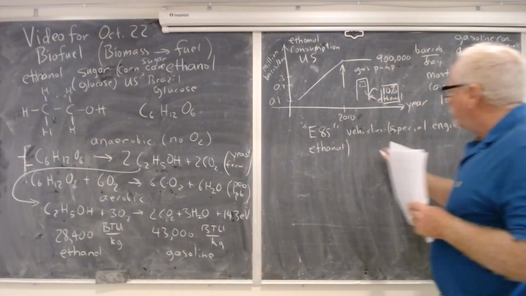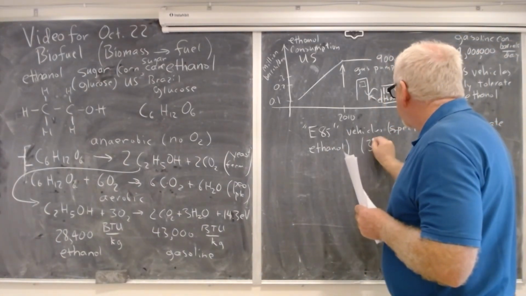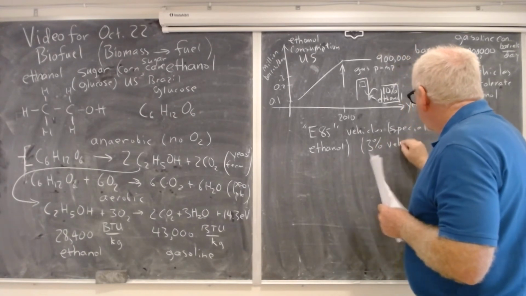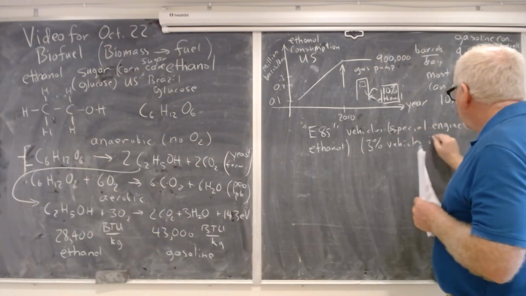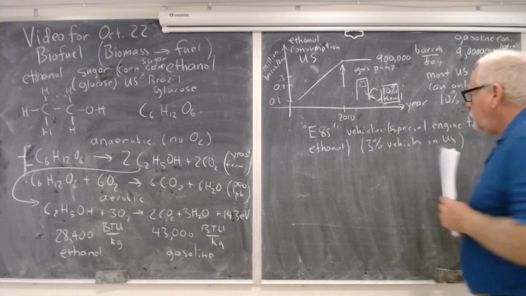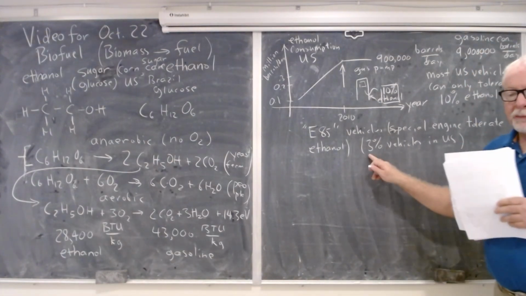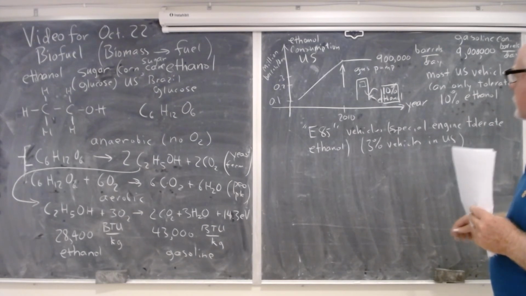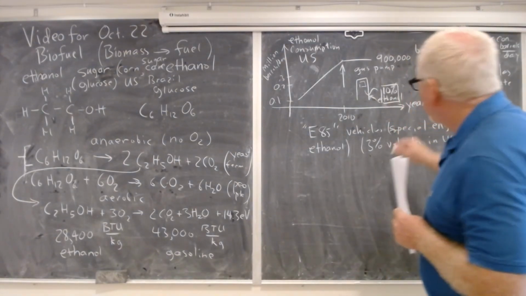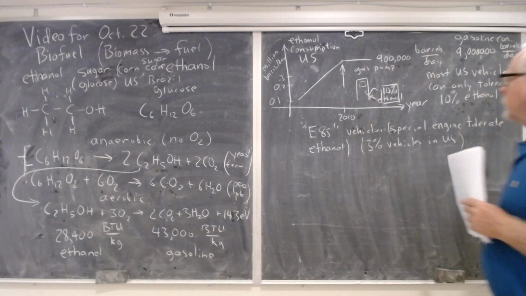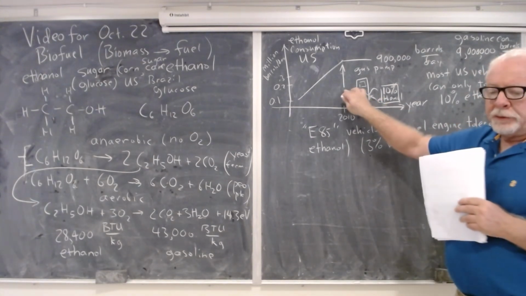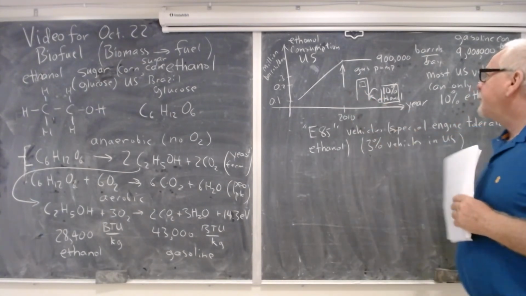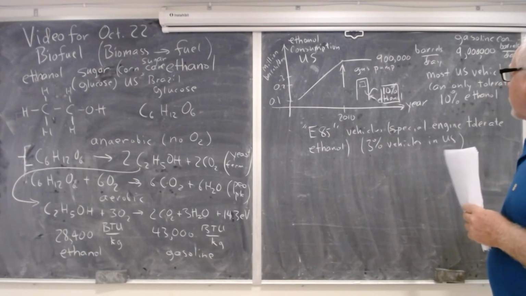But it's about 3% of the vehicles in the U.S. So there aren't very many of them, and most vehicles can only tolerate what's called E10, or 10%, and so that's limited ethanol use in our country to about 900,000 barrels per day.